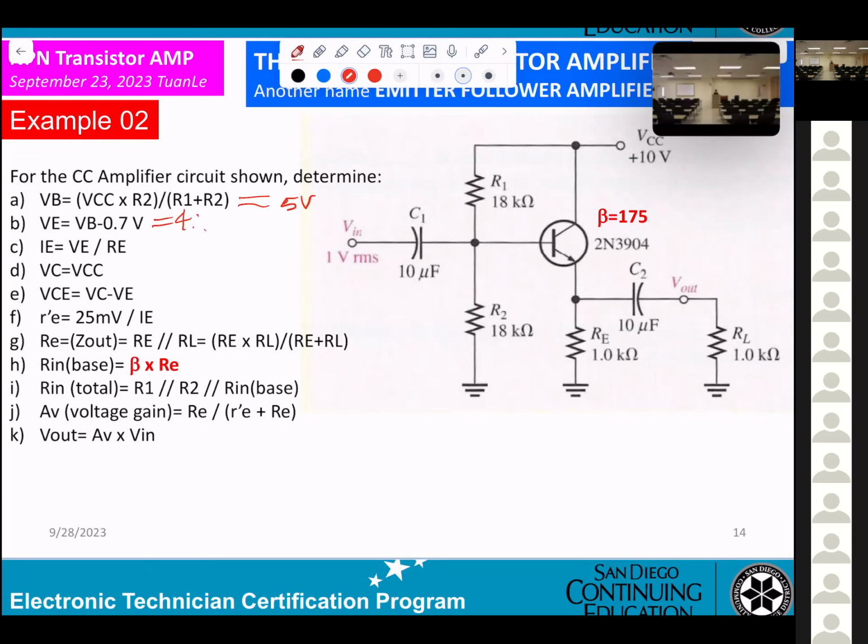Very good. 4.3 again, 4.3 milliamps. Right? Ten volts. 5.7 volts.